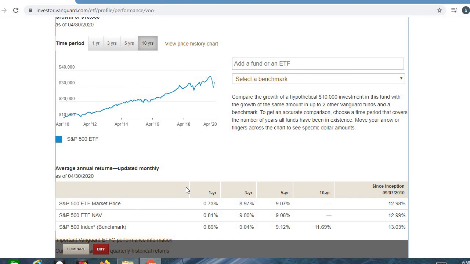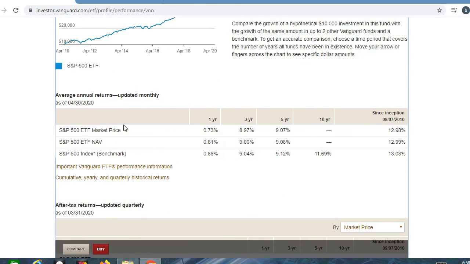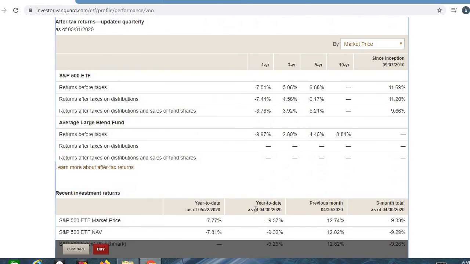So almost triple. It also provides the S&P 500 returns, which you can see for 3 years, 5 years, and since inception. It provides returns before taxes, and also the breakdown of returns after tax.